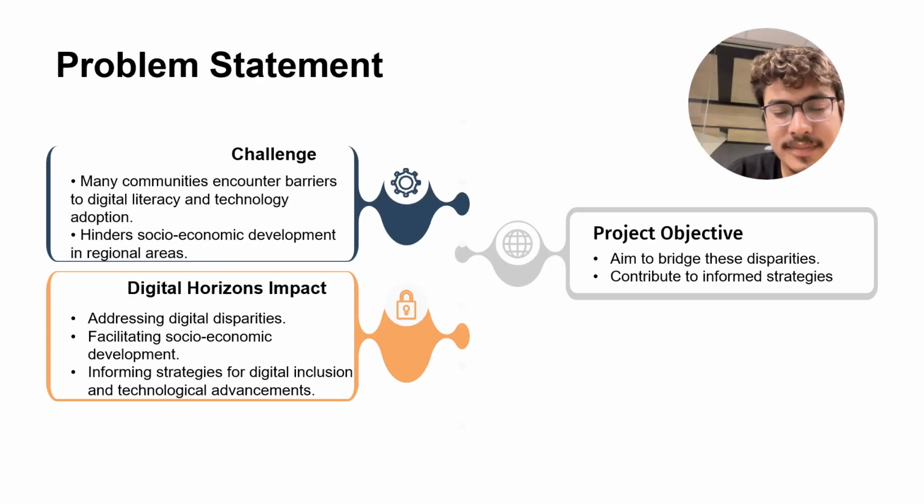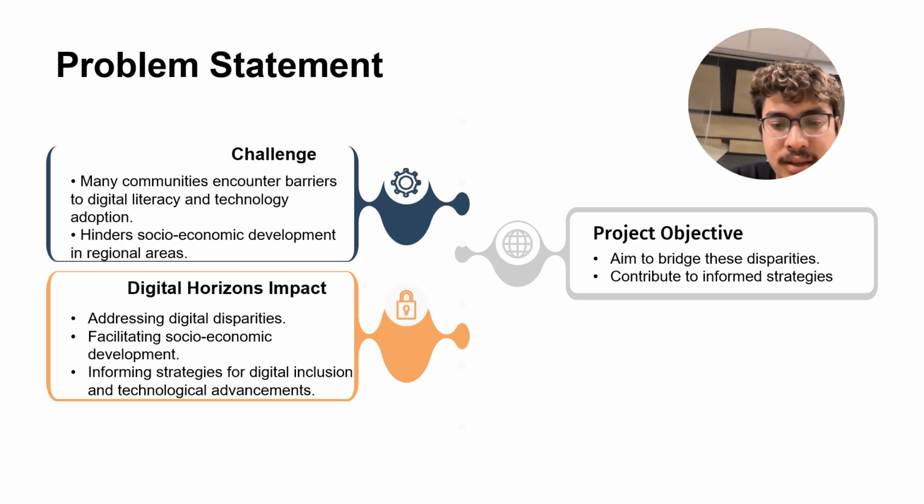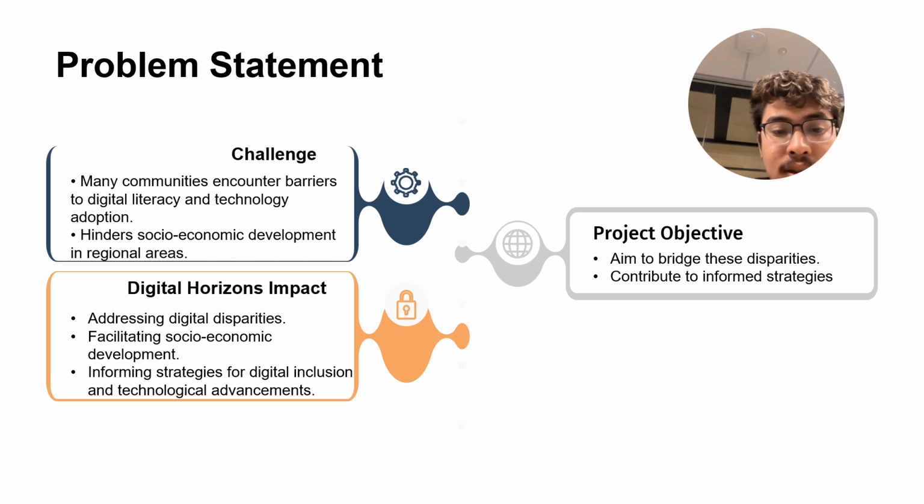Thank you. The next slide is the project problem statement, and it has 3 components. Challenge: many communities encounter barriers to digital literacy and technology adoption, hindering socio-economic development in regional parts of Australia.